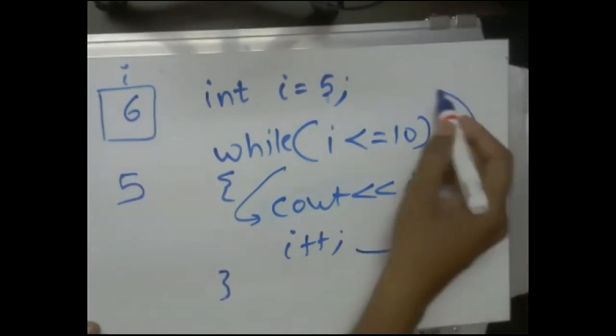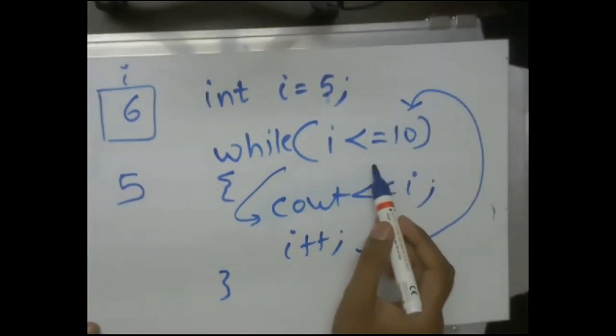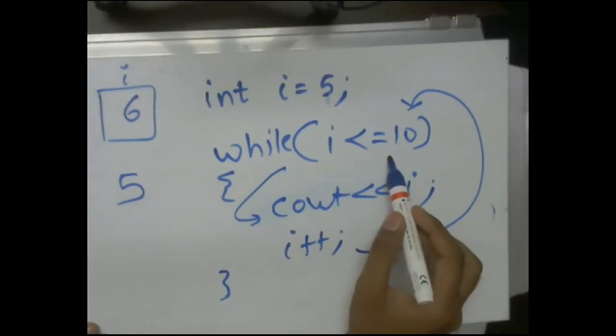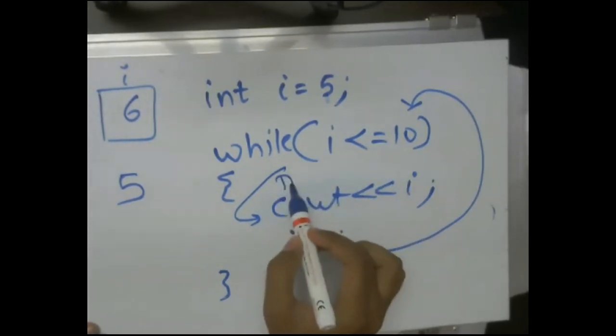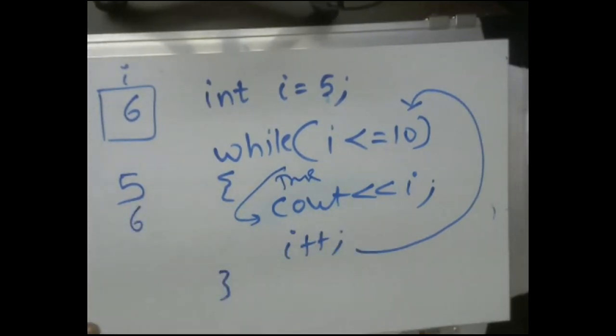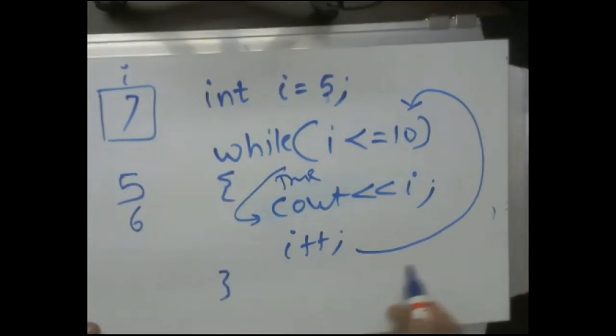When it executes the last statement, again it will go for checking the condition. Now 6 less than or equal to 10, the condition is true, so it will go inside again. The value of I gets printed, 6. I becomes 7 because I plus plus.